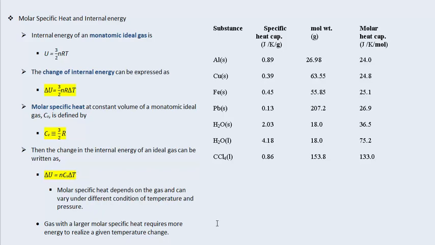Our molar specific heat depends on the gas and can vary under different conditions of temperature and pressure. Gases with a larger molar specific heat require more energy to realize a given temperature change. To our right we have a list of some common substances and their molar specific heats.